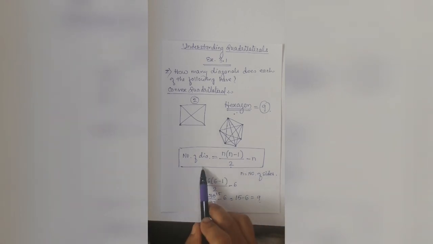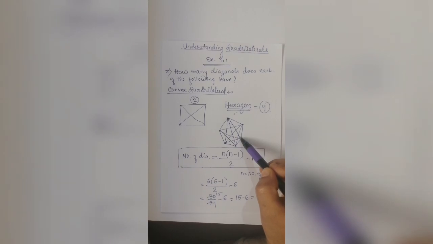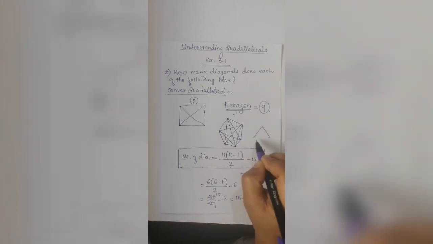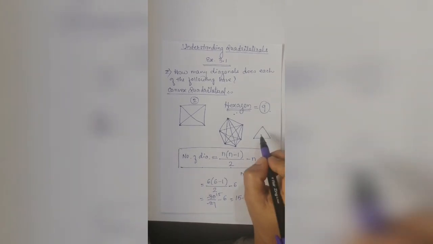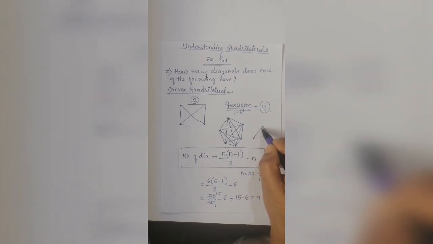So by using this formula you will be able to find the diagonals, and by drawing also you will be able to find the number of diagonals. But if we talk about the triangle, it does not have any diagonal. Why? Because there are no opposite vertices.